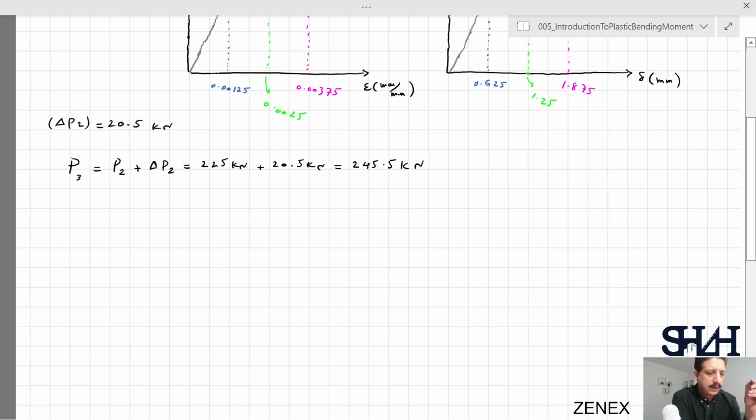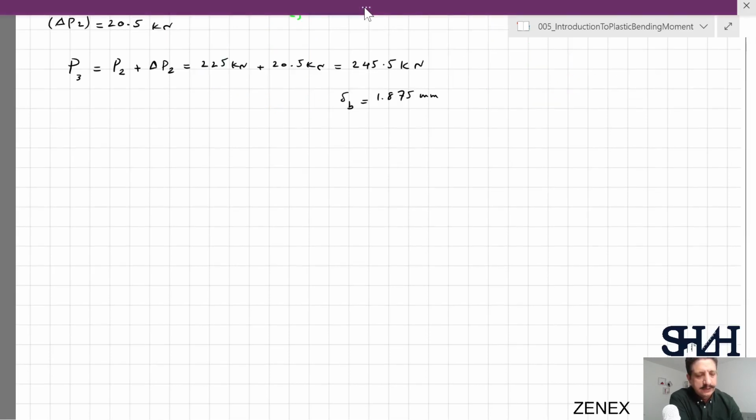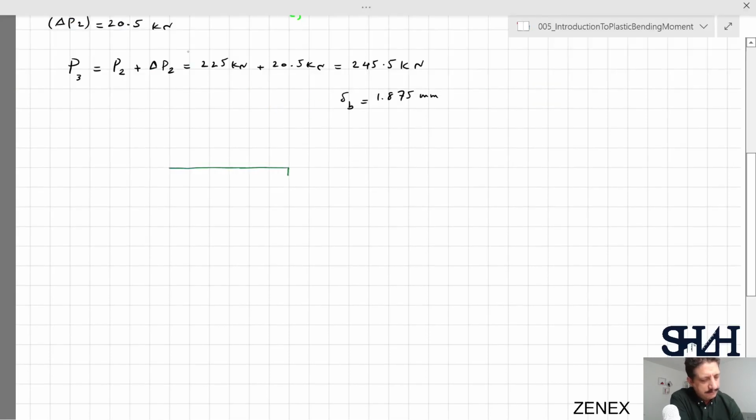So 3 steps and corresponding deformation delta at point B here will be 1.875 millimeter. Now we can sketch the original rod at the final stage because there is no more element that can take the load. Element B, element C, element D, element D prime, C prime, and B prime.